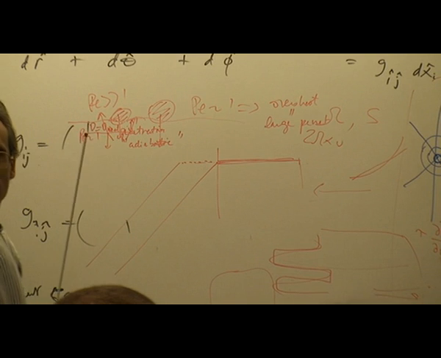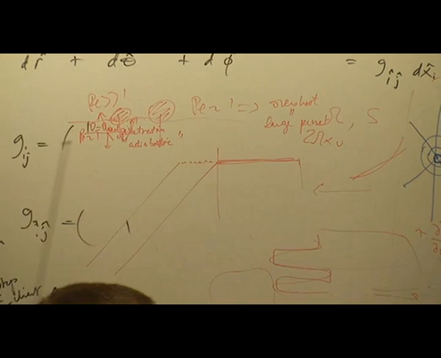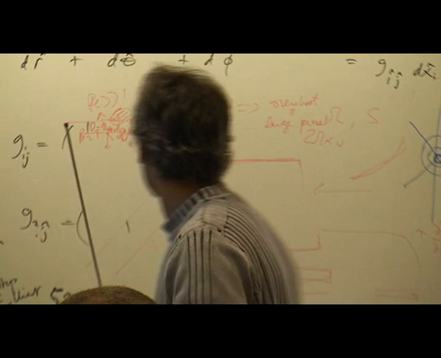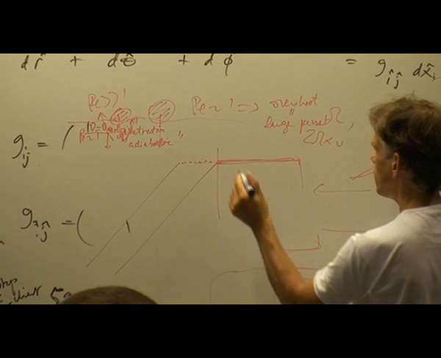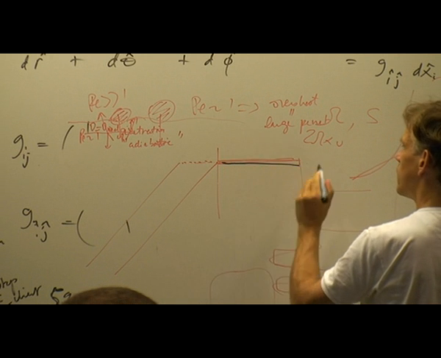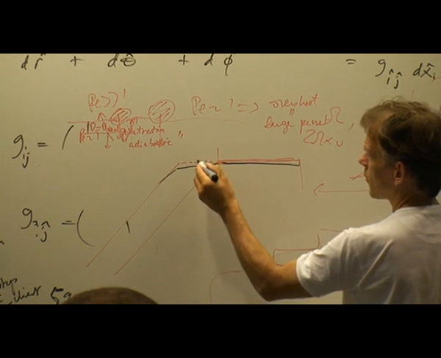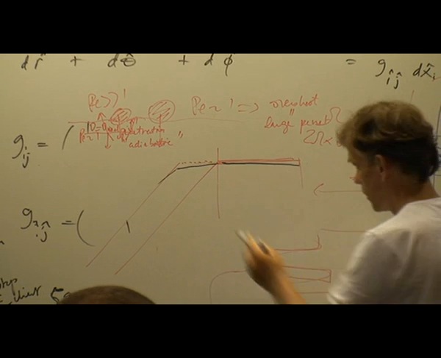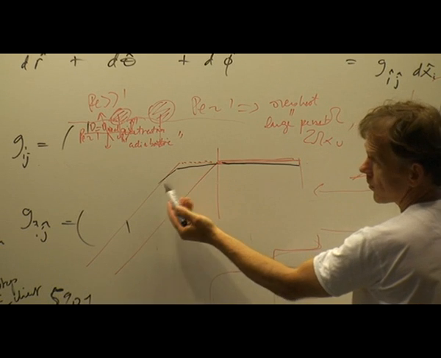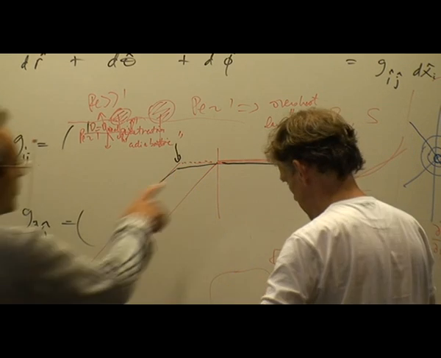I was interested in the slight departures from zero. So I believe it is slightly stable here, and it's unstable here, of course. So here the gradient is negative, and here the gradient is positive, weakly negative.